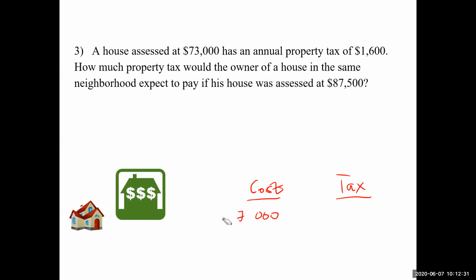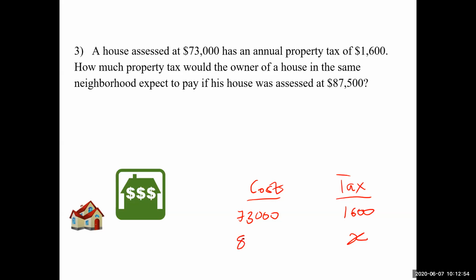And the tax is 1,600. Is that okay? Now, the question here is how much property tax would the owner of a house in the same neighborhood pay? So we don't know the tax, so we say that is X.